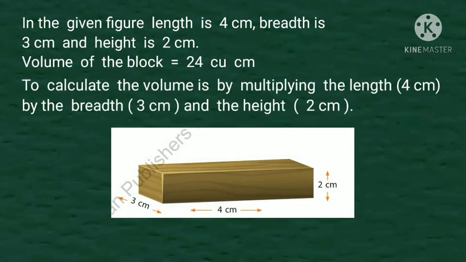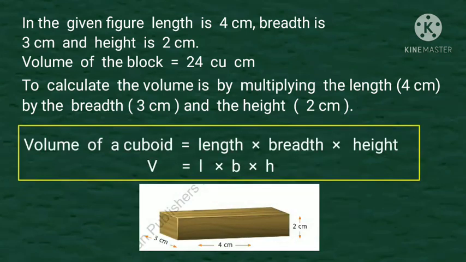To calculate the volume, we multiply the length 4 centimeter by the breadth 3 centimeter and the height 2 centimeter. We have multiplied 4 centimeter into 3 centimeter into 2 centimeter. Thus, to find the volume of a cuboid, formula is length into breadth into height.